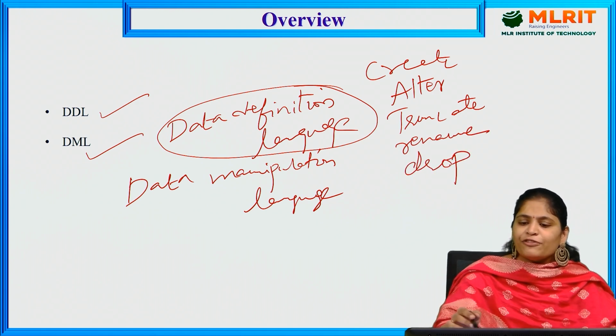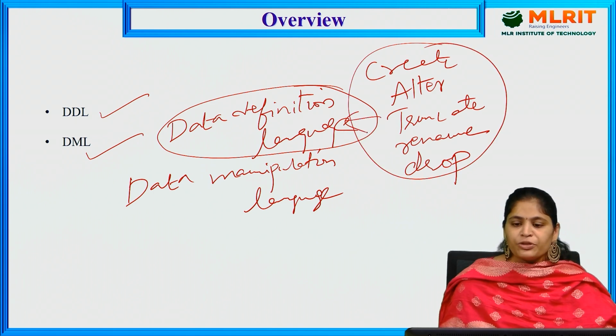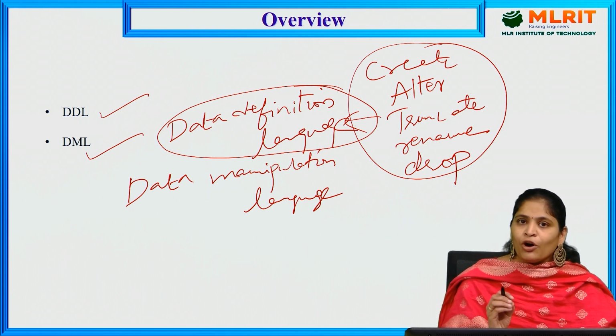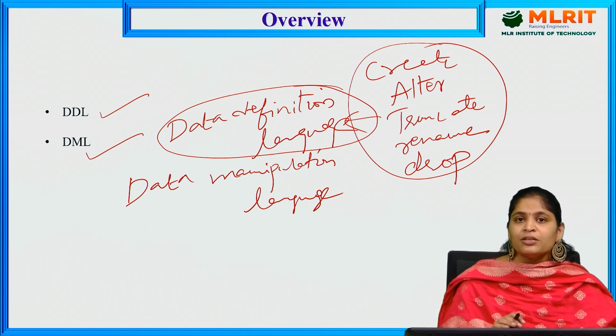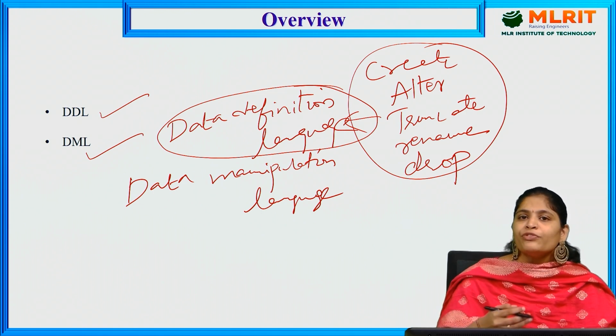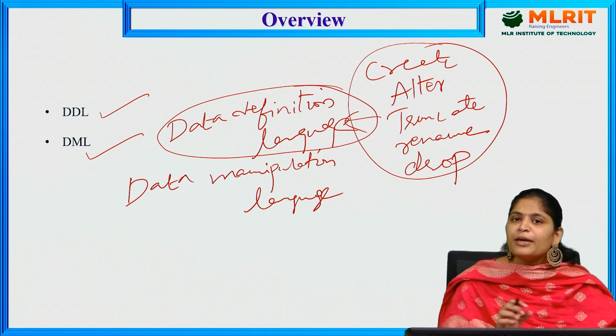So these are the 5 commands included in DDL. They help us to create a table or a relation, to drop a relation, to modify a relation, to remove all the rows, the content from a relation, and to rename that relation.